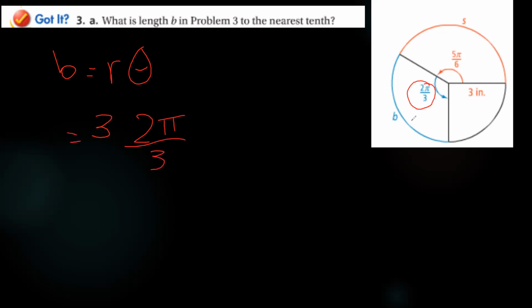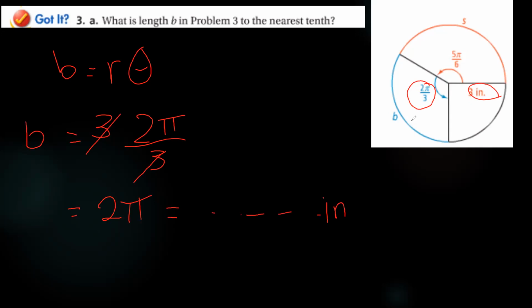So by this, you now find the length of B. We have it as 2 pi. Keep it in numbers, and don't forget that the unit is inch. Why inch? Because you multiply a number by a radian, so it is an inch.